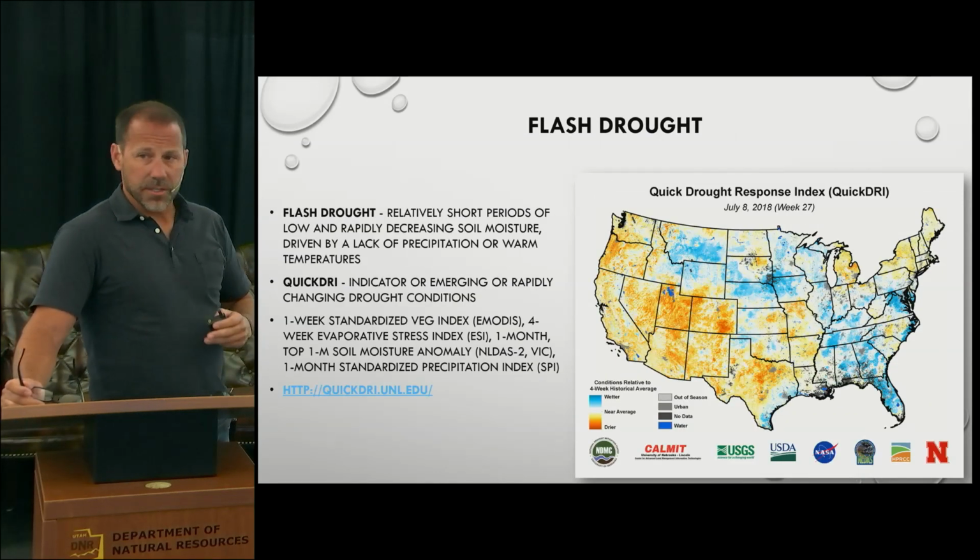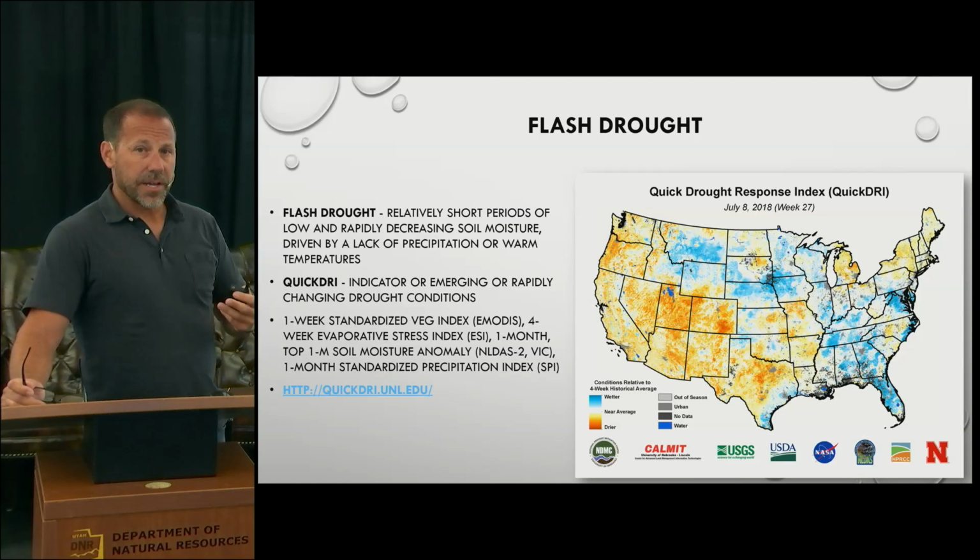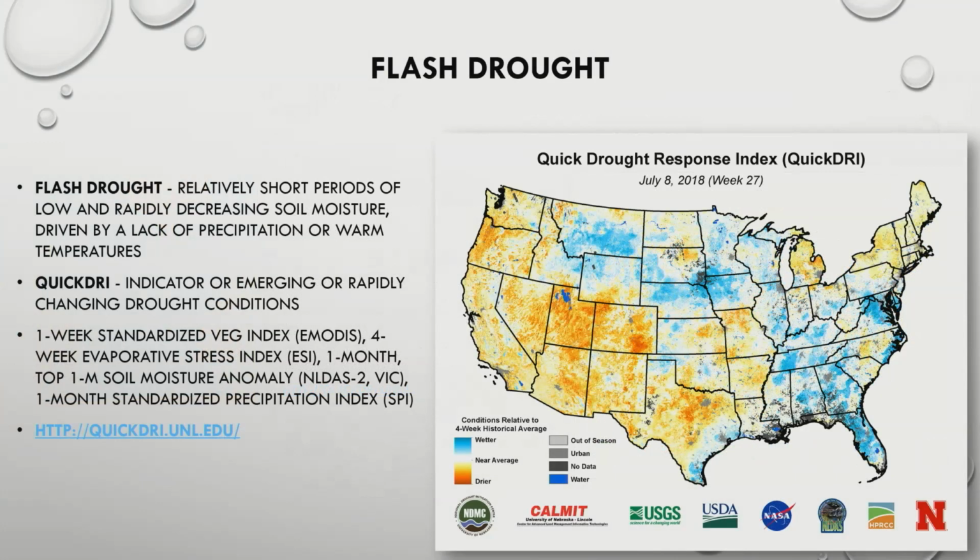Another tool for looking at short-term, this flash drought we've spoken about a little bit. National Drought Mitigation Center has created this product called QuickDry, and it looks at some different short-term parameters, and so you can get an idea of what's going on in the short term and how it's impacting the vegetation in certain areas.